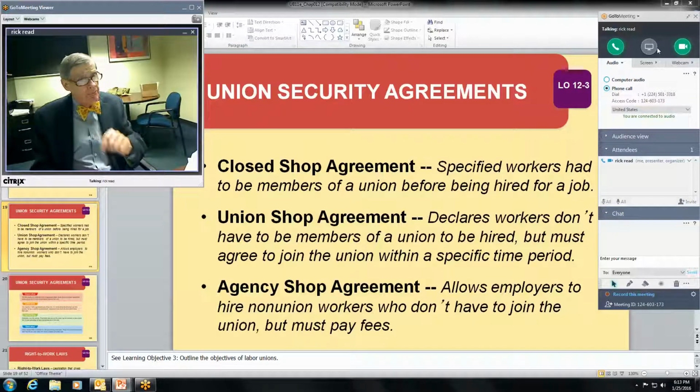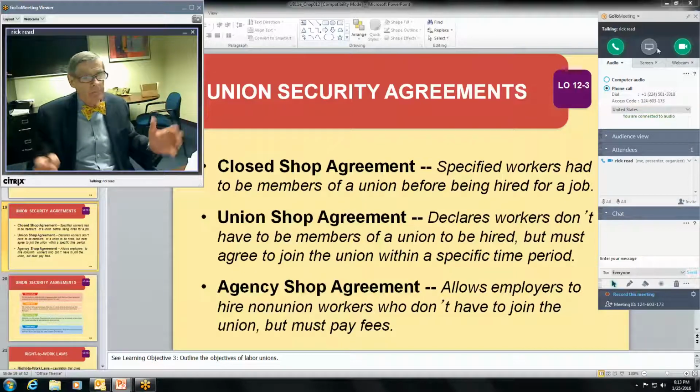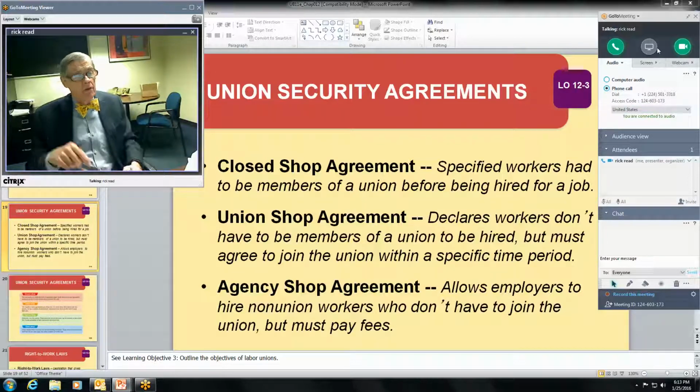The union shop agreement says workers don't have to be members to be hired, but must agree to join a union within a specified time after being hired. The agency shop agreement, pardon me, allows employers to hire non-union workers, and of course they don't have to join the union, but they do have to pay union dues.